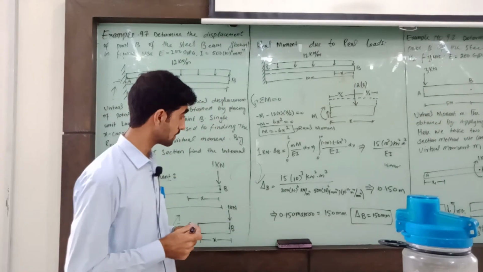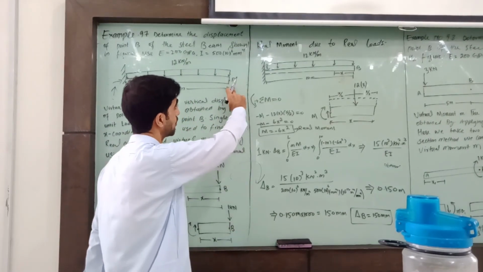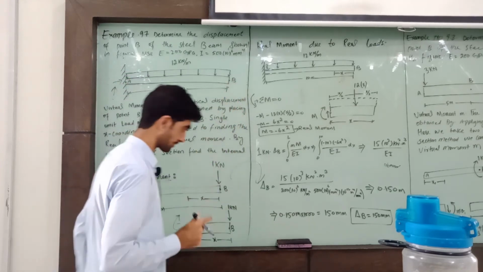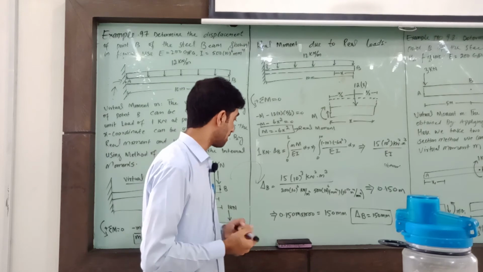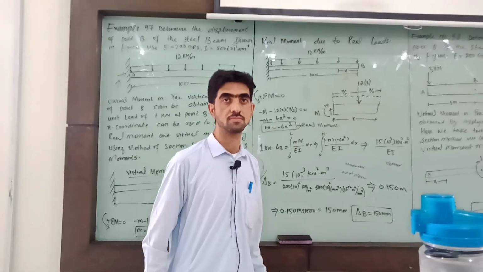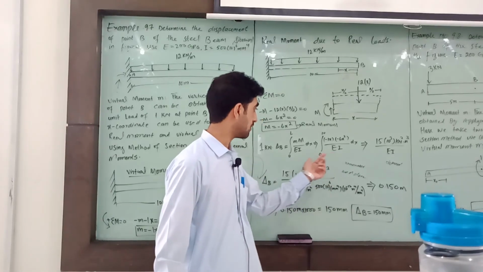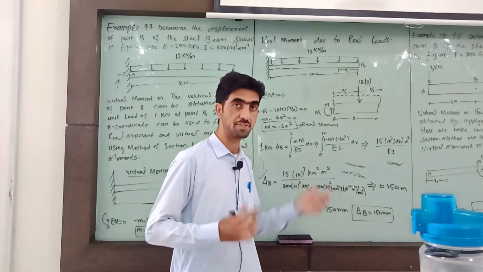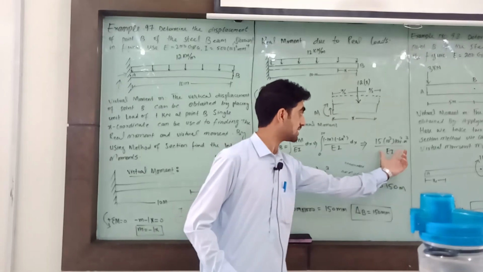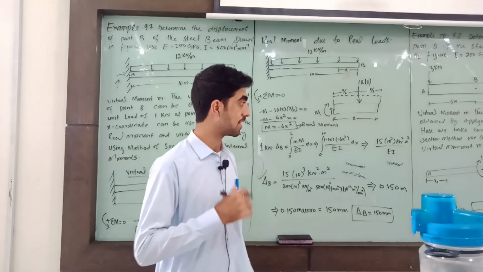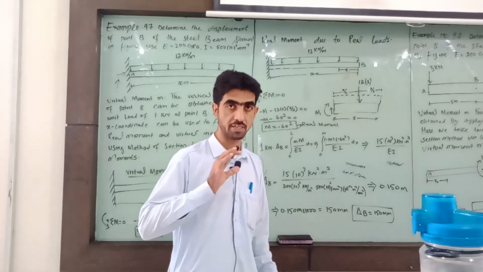Okay, the displacement of point B. So find the displacement of point B. Lastly, when we apply integration in this equation, we obtain this equation divided by EI, meaning we divide by modulus of elasticity and moment of inertia.